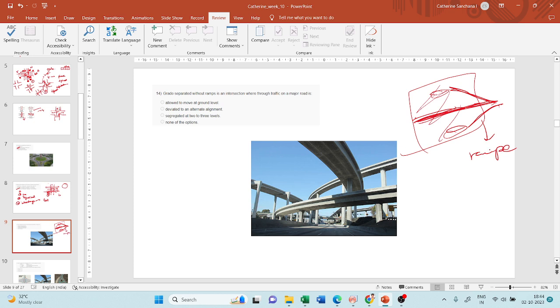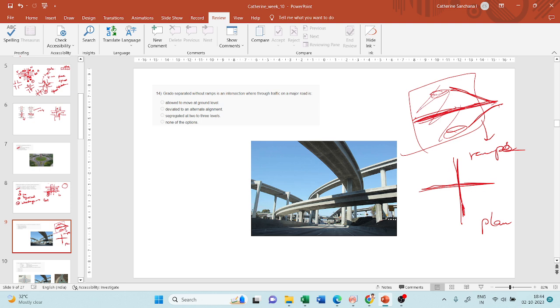We know what a ramp is, right? So if one road is here and the other road is here, this is plan view. I'm not showing elevation. These two are at two different levels.